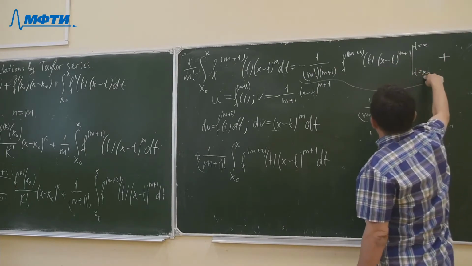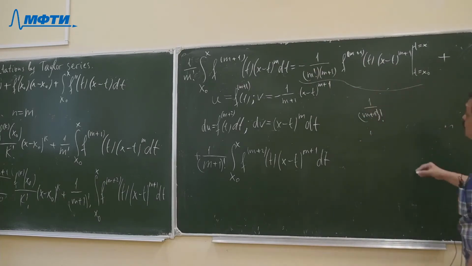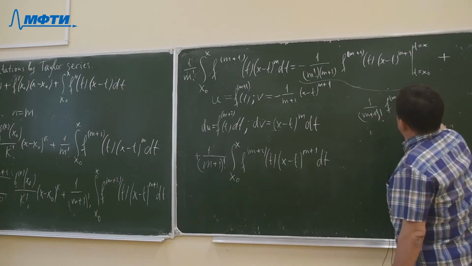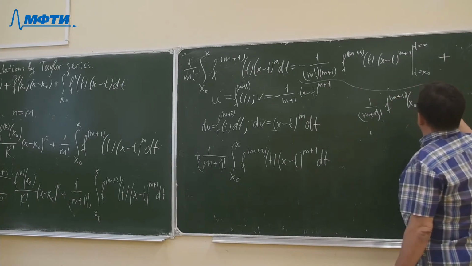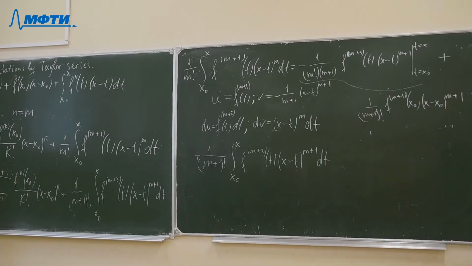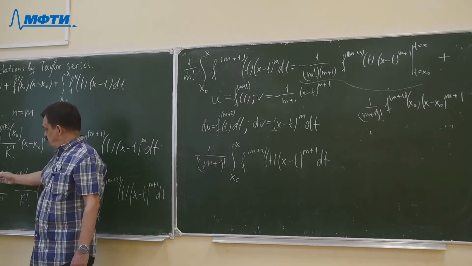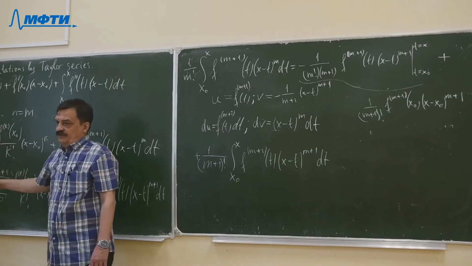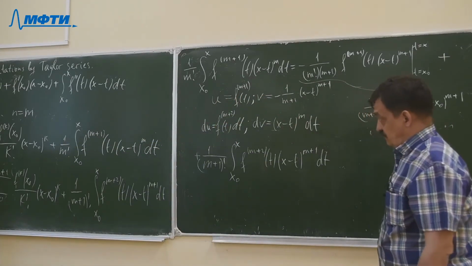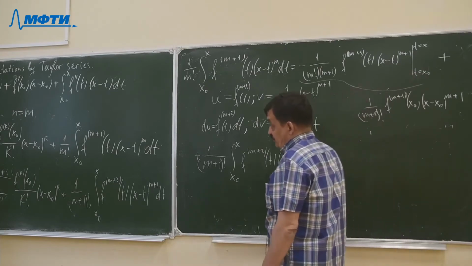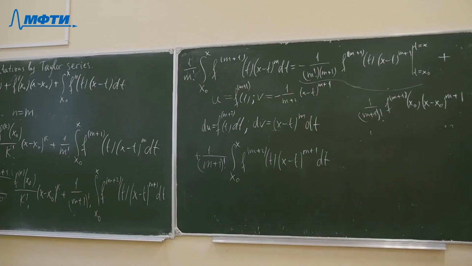Then we substitute t equals x naught, put a minus sign, cancel that one, and it gives the derivative of order m plus 1 at x naught times x minus x naught to the power m plus 1. And that is precisely the extra term which is added to the sum of the first m terms which we had before. So it means the proof is completed and the theorem is proved.